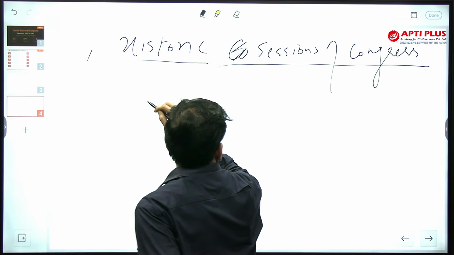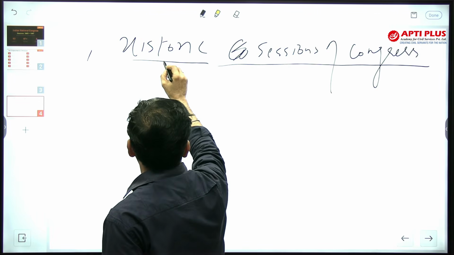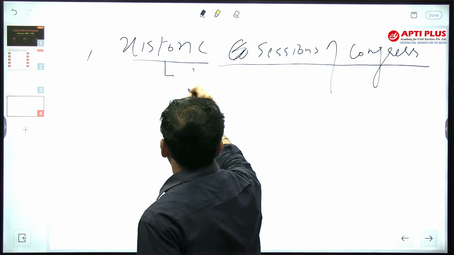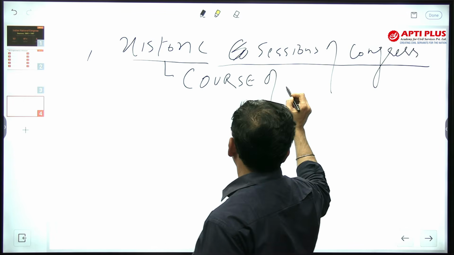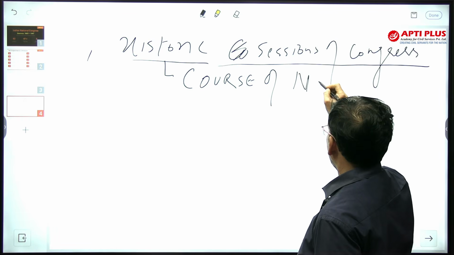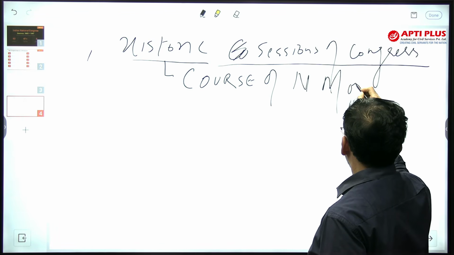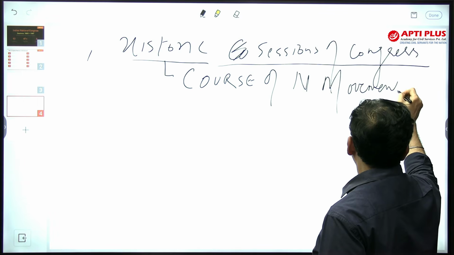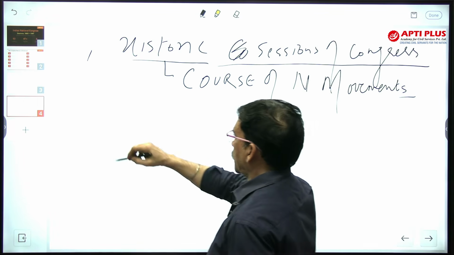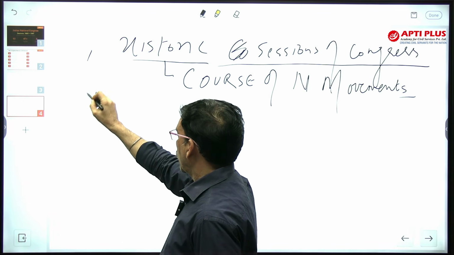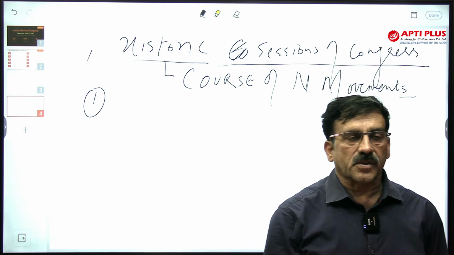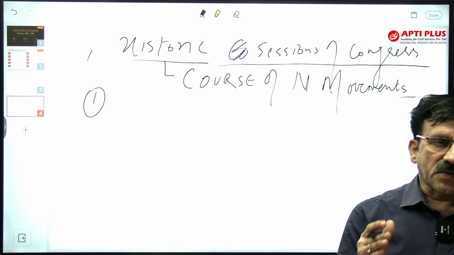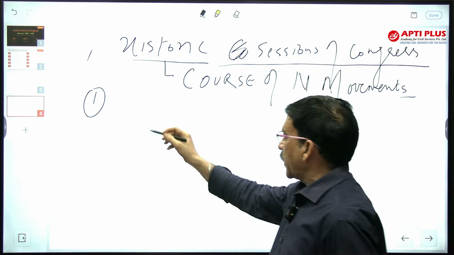So see here, historic sessions which change the course of national movement. Let us discuss one by one. First, we can say, in the first phase, moderates were driving the Congress, right from 1885 to 1905.